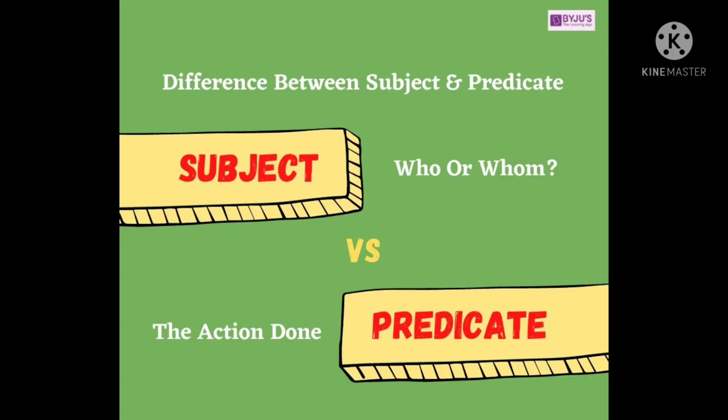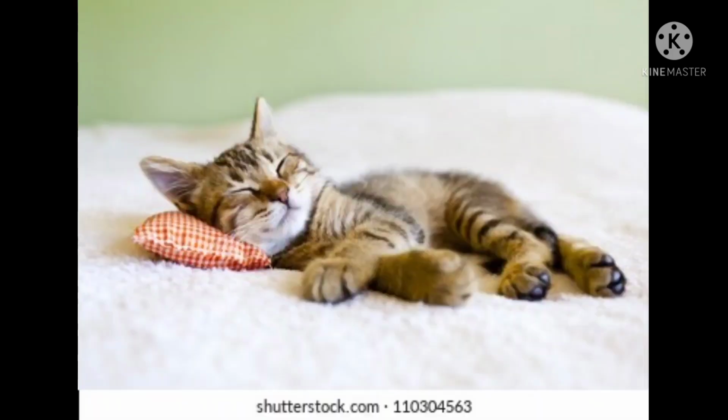In order to have a complete sentence, each sentence must have a subject and a verb. These two parts of speech are the fundamental parts that make up a sentence. Every sentence has a subject and a predicate, or it is not considered a complete sentence.